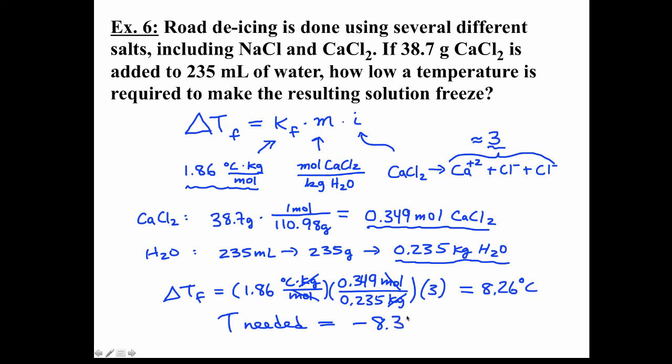And let's call it about -8.3, because typically the Van 't Hoff factor is not known more precisely than 1 sig fig, and it's probably not more than 2. So there's an approximate value for the temperature needed to freeze this solution.